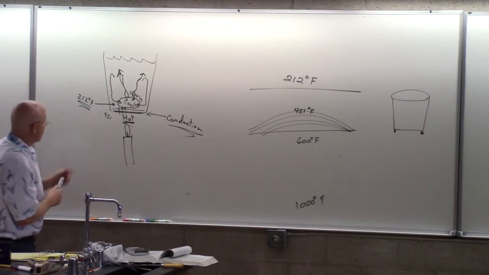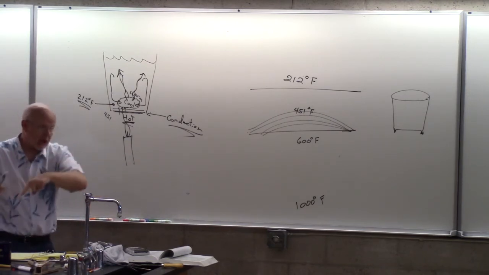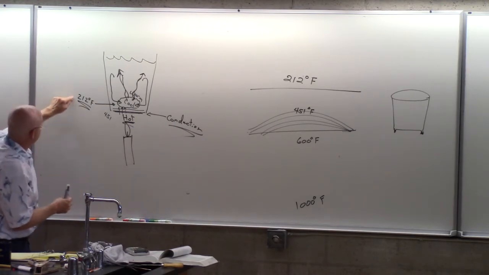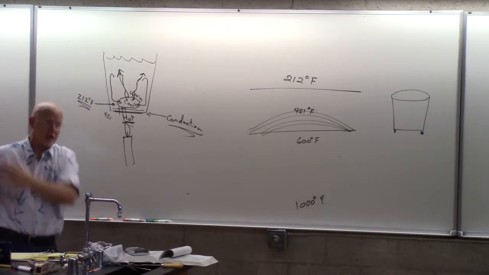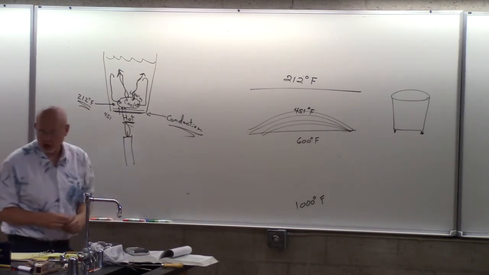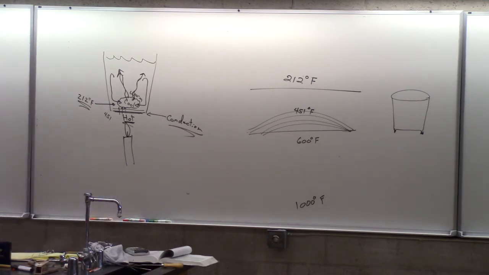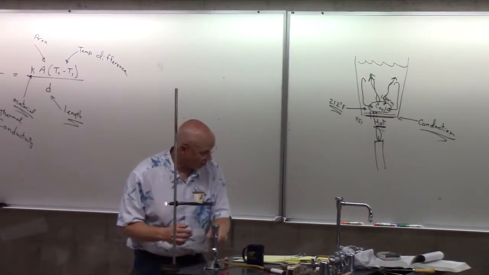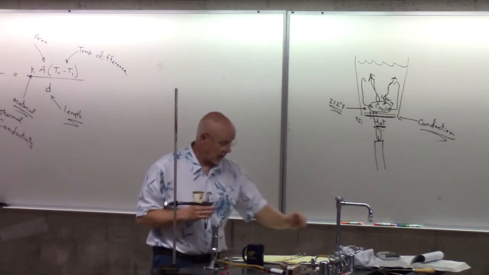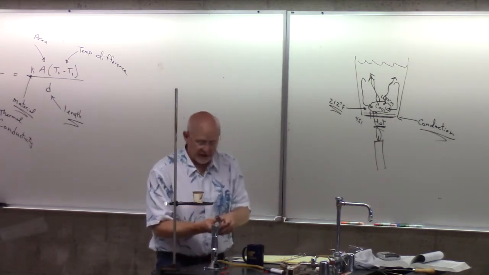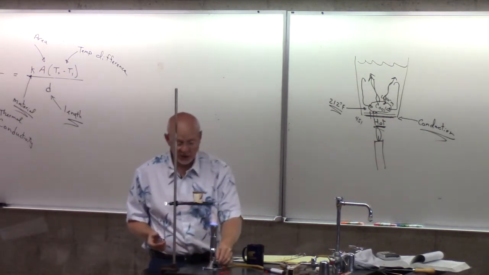But I did want to say, as long as water was still in the cup, we know that the temperature is 212 degrees Fahrenheit from our earlier discussion. And so we decided to kind of stop it a little short, and so most of the water is gone, but we thought it would be fun to continue the process.